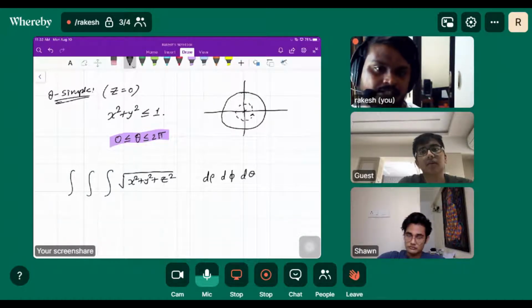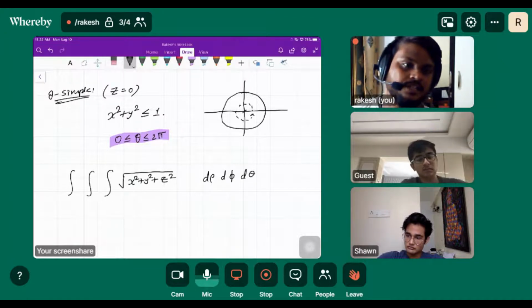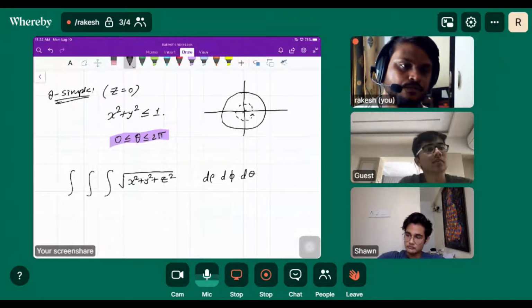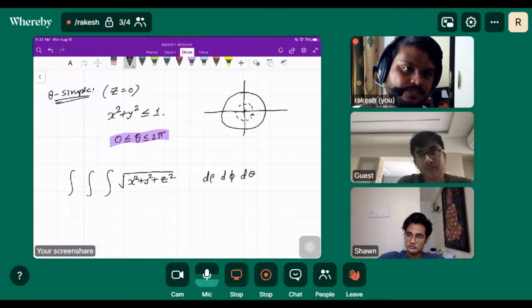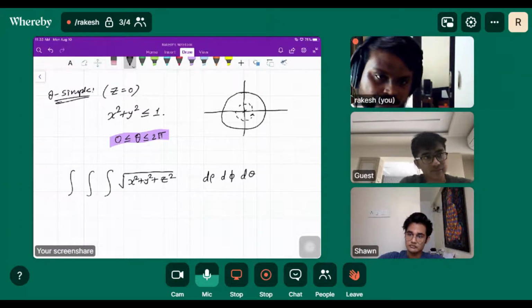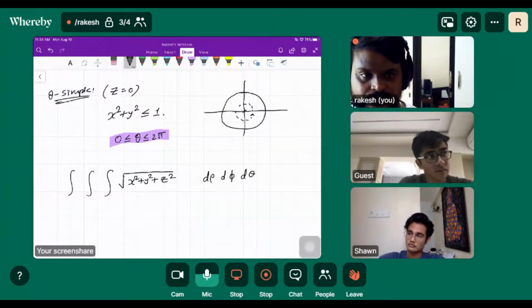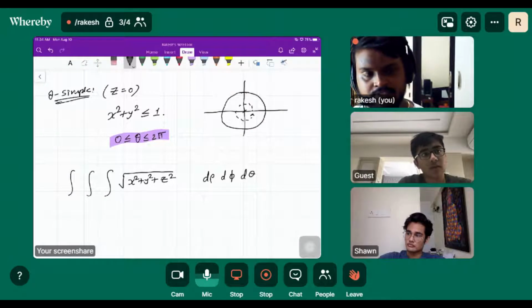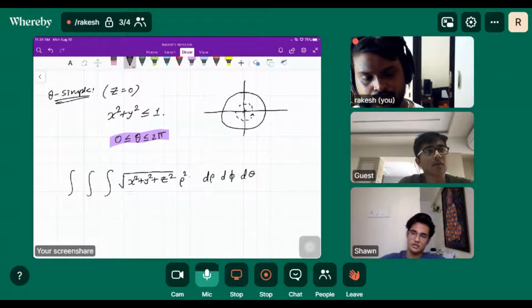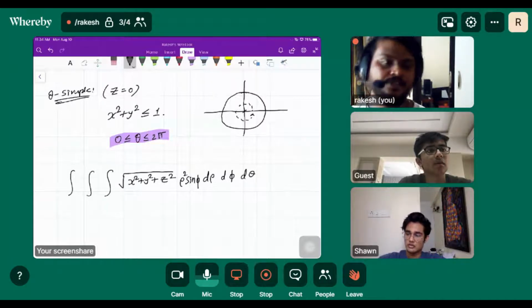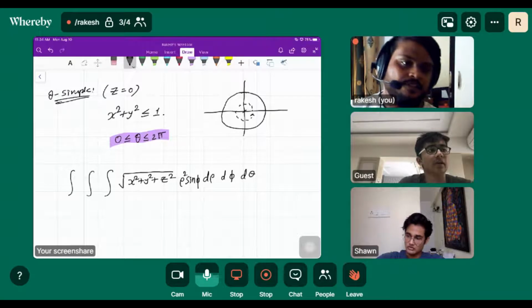Did we miss anything here? Since we have converted the rectangular coordinate system to the spherical coordinate system, there is some term that needs to be written before this d rho. What is that? Rho square sine phi, very good.